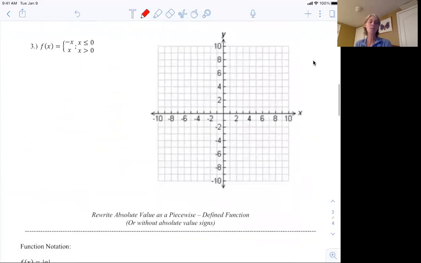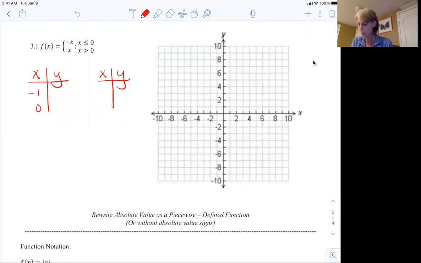In this next function, I have y equals negative x when x is less than or equal to 0, and x when x is greater than 0. So we have 2 tables. I know some of you can picture this in your head, and that's okay, but it doesn't hurt. Negative 1 and 0 for negative x, and x when x is greater than 0. When x is negative 1, we have 1.